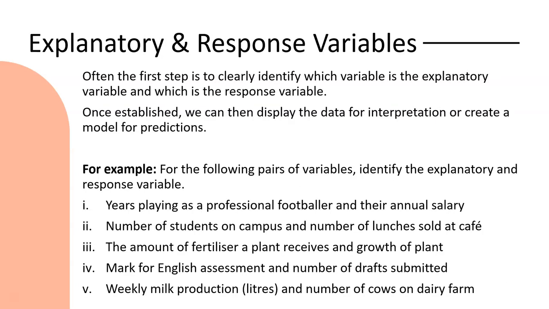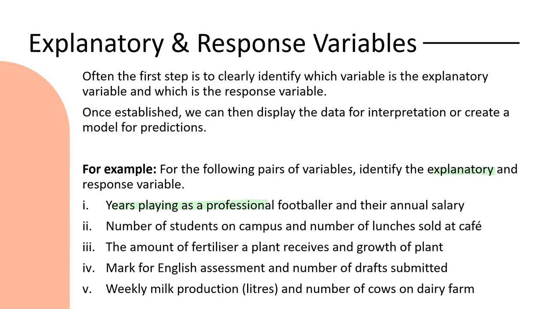Looking at some examples of how we can identify which is the explanatory and which is the response. For the first, we have years of playing as a professional footballer and the annual salary of that footballer. Does the years of playing have an impact on the annual salary? Yes, so years of playing would be our explanatory variable.